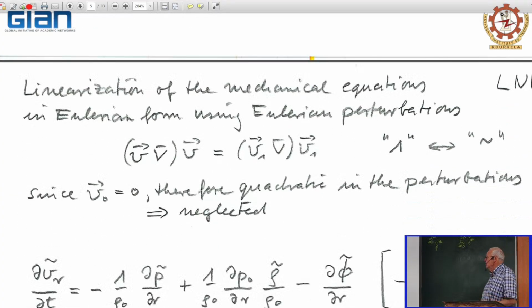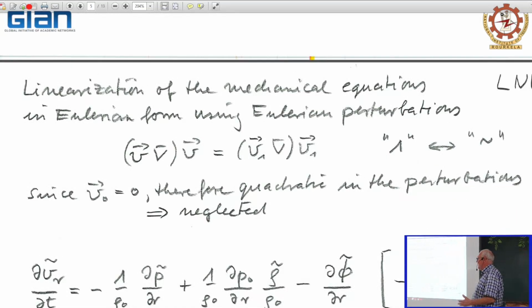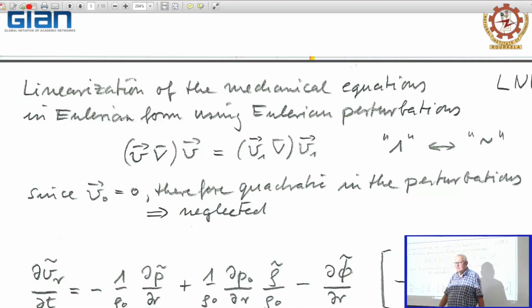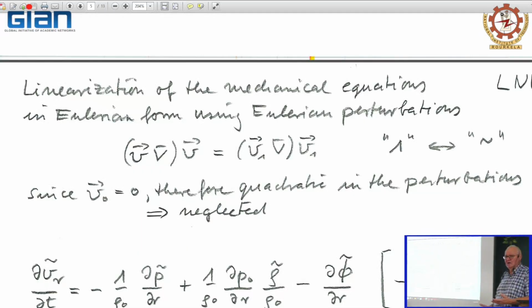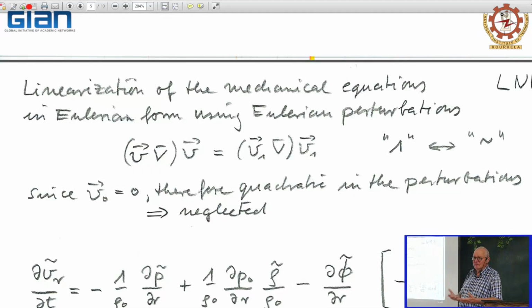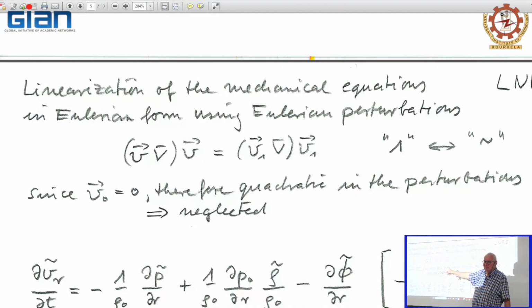First of all, in the Eulerian momentum equation, we have this nonlinear term, which goes with velocity times nabla acting on the velocity field. Because we are starting from a hydrostatic star which has no velocity field, the velocity field of the unperturbed configuration is 0. This term will be of first order in the perturbations anyway, so we drop it from the beginning.